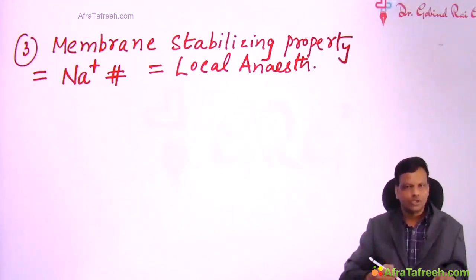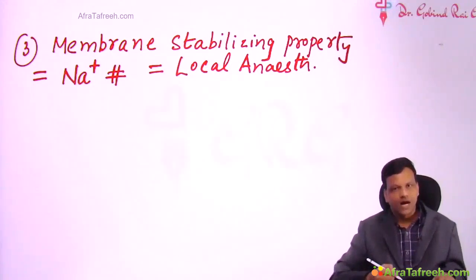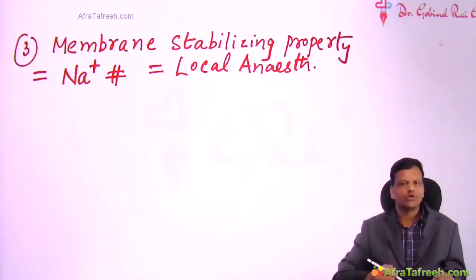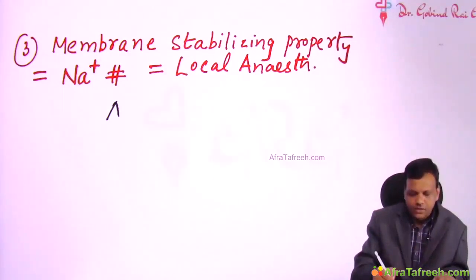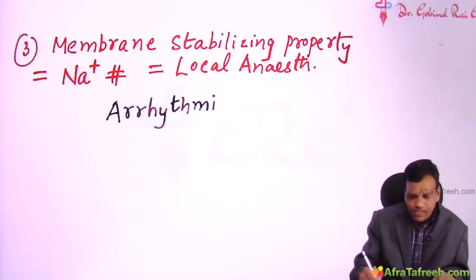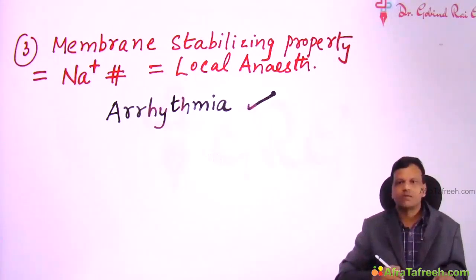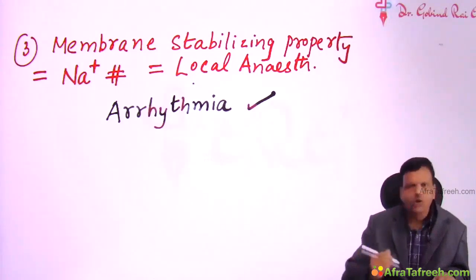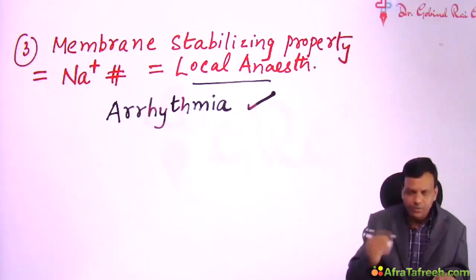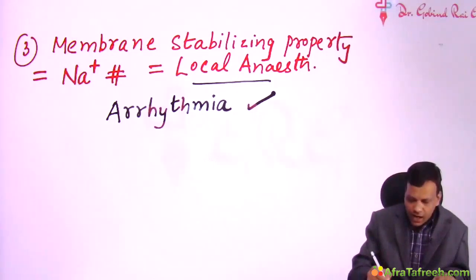First and very simple question: in which disease of heart you will want that membrane should become stable? Yes, it is arrhythmias. So these beta blockers are preferred in arrhythmias because they will stabilize the membrane of the heart, so arrhythmias can be treated. Now second important thing is they have local anesthetic property, and this property is very undesirable in a patient with glaucoma.